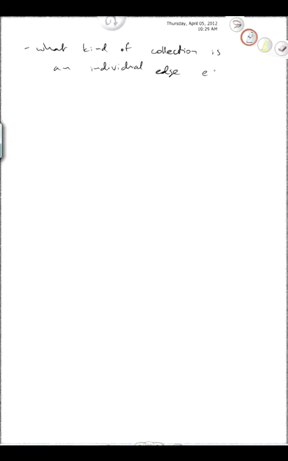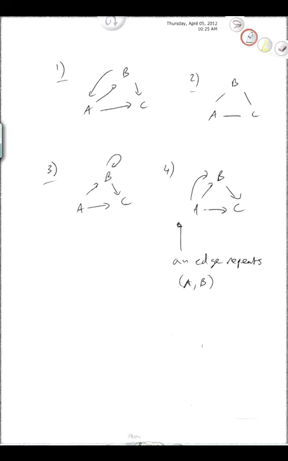What I mean here is not the big set of edges, but just one of these little edges that's inside of the big set of edges. Let's look back at these examples. If you look at example 1, here the order really does matter because the edge that starts at A and goes to B is different than the edge that starts at B and goes to A. So in that particular example, order matters.